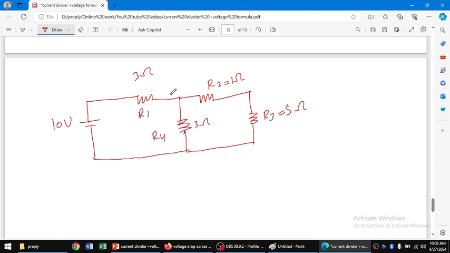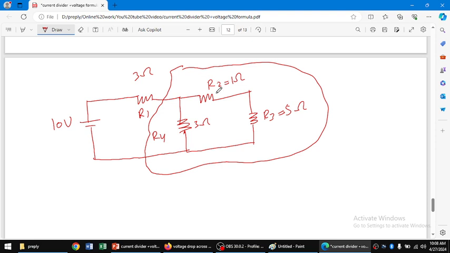Basically, R4 and R3 are in parallel combination. So first we solve this network into a simple one, because you know that R2 and R3 are in series. First we add them.